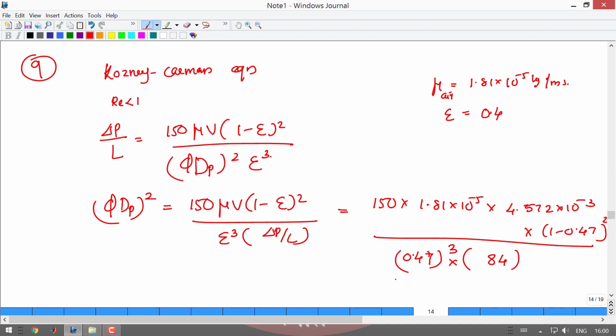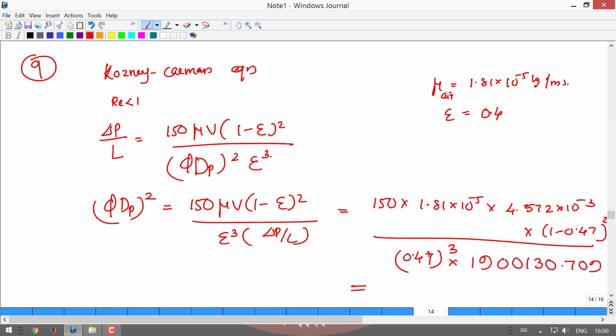So, after doing the calculation you will get 1.89. No, 84 is in, sorry, 84 is in FPS unit. Here we are taking SI unit, so I have to write delta P by L in SI unit, which is 1900130.709.